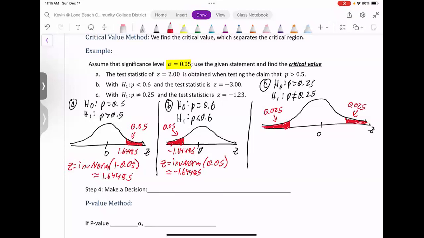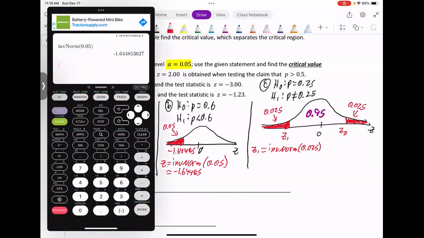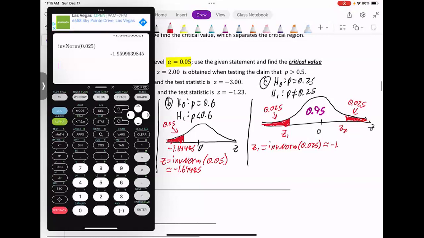And to be clear, that means that in the middle here, this is 0.95. So our z value for our first one, so here we have z sub 1, here we have z sub 2. So z sub 1 is going to be inverse norm of 0.025. So about negative 1.96.